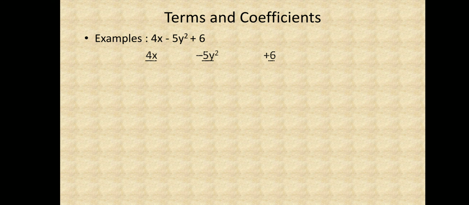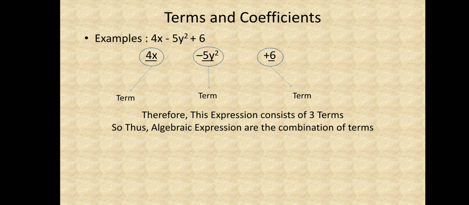Now you again have 3 terms, which are 4x, minus 5y square and plus 6. So these 3 are your terms, and we again conclude that this expression also consists of 3 terms, and algebraic expressions are a combination of terms.